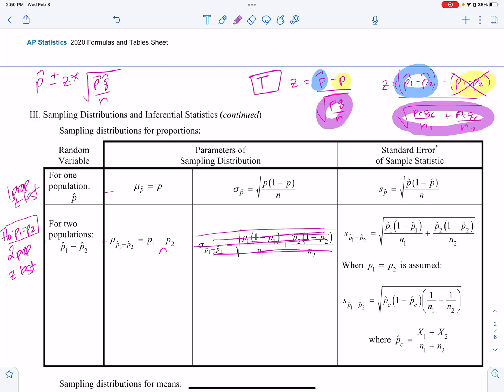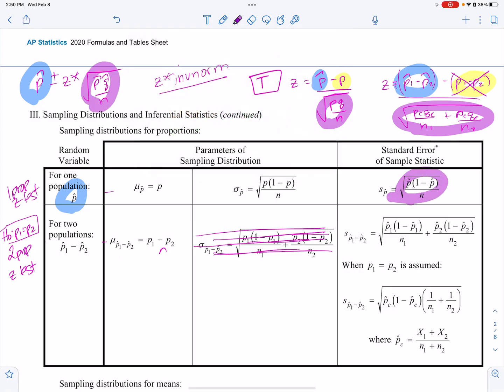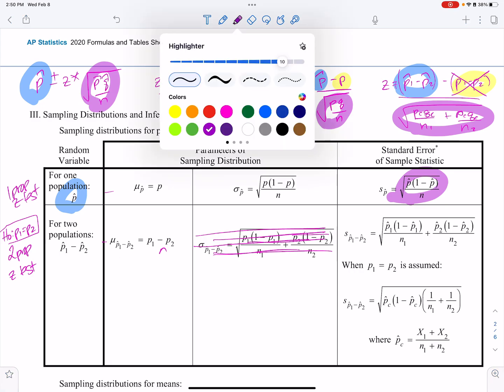We have my blue, which is the P hat, and the Z star. That's how we find the Z star with the inverse norm. I'll show you that in just a second on your calculator. And then the purple is right here, P hat Q hat over N. So guys, the formulas are right here. You just have to make sure you know where they are.